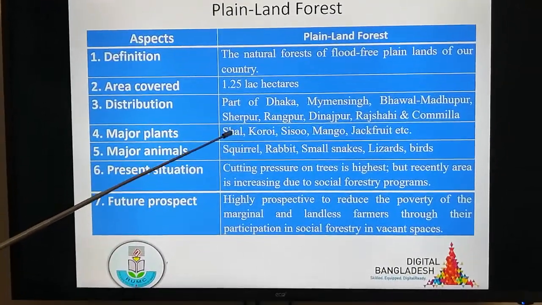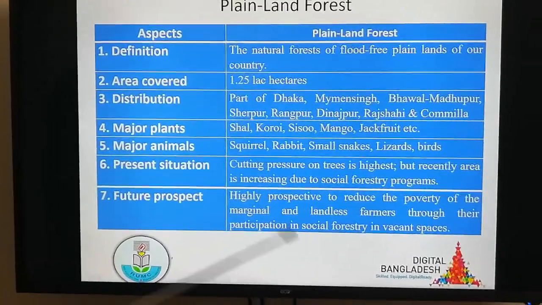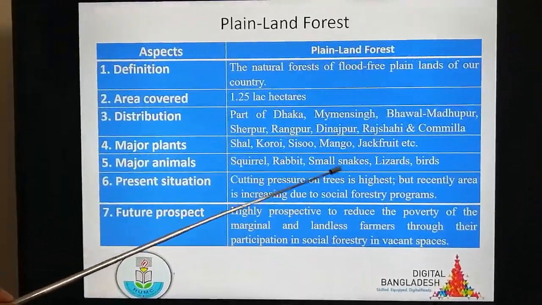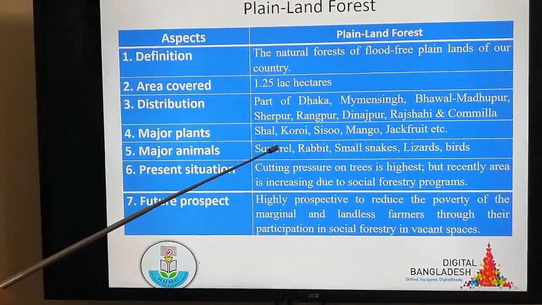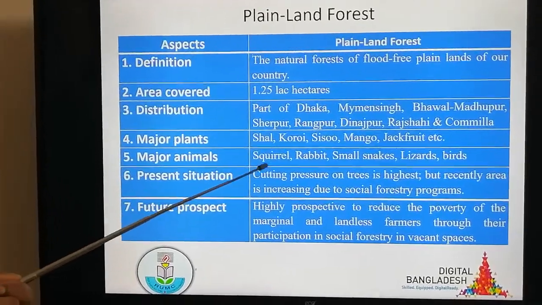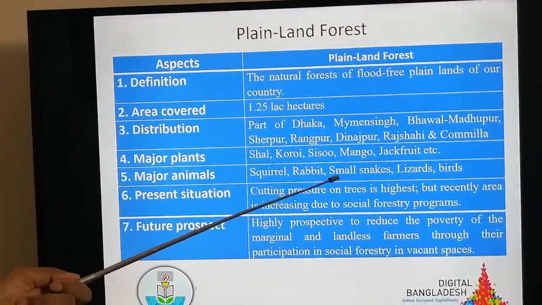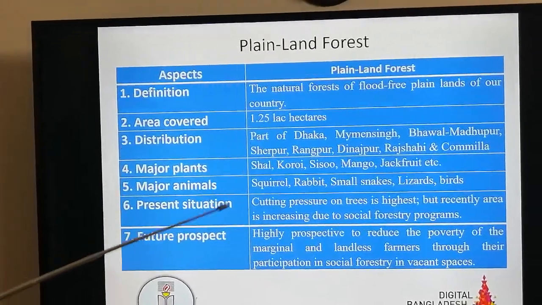Shal, that is Gajari plant, Koroi, Shishu, mango, jackfruit plants are seen in this plainland forest. What major animals will we be able to see in that plainland forest? That are squirrel, rabbit, small snakes, lizards of various types, birds of various kinds.